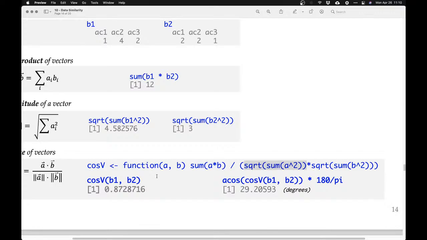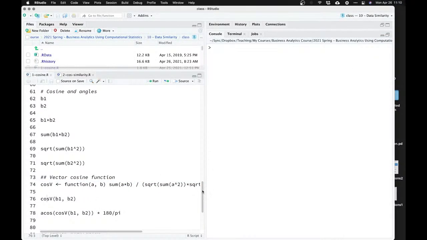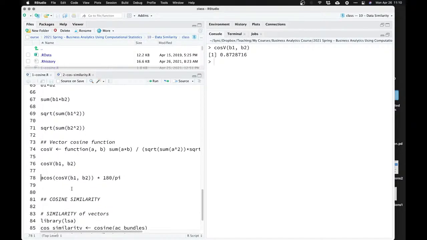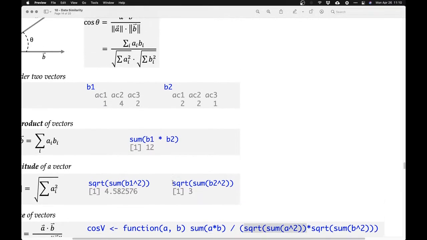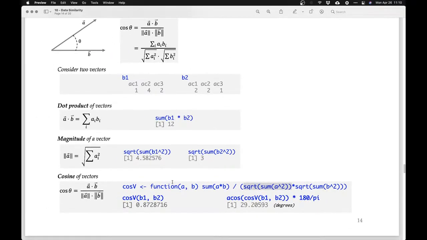So let's use this now. Cosine of vector B1 and B2. Wow, I get a cosine of 0.82. Interesting. All right, that's the cosine value.